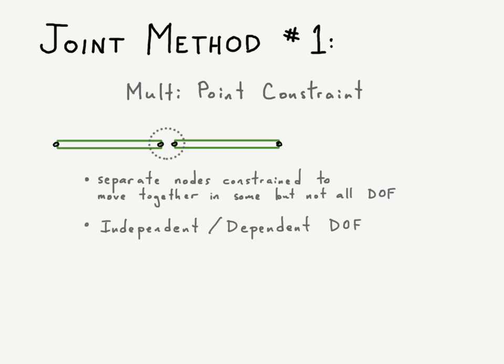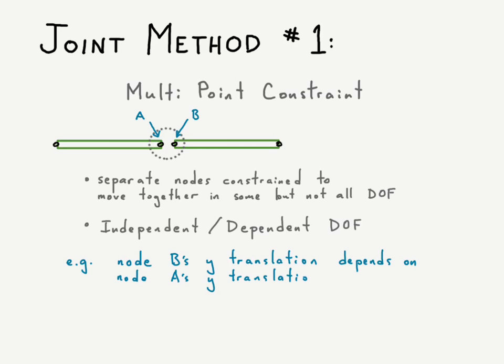Specifically, you'll have independent or dependent degrees of freedom. So, for example, if we have nodes A and B, we might say that the behavior of node B, or node B's movement in the y direction, depends on how node A moves in the y direction. So that might be an example of a multi-point constraint.